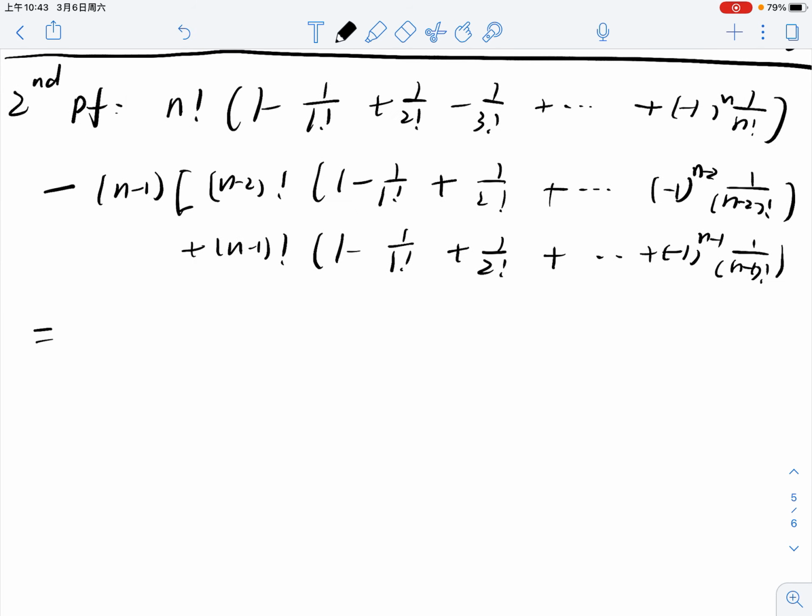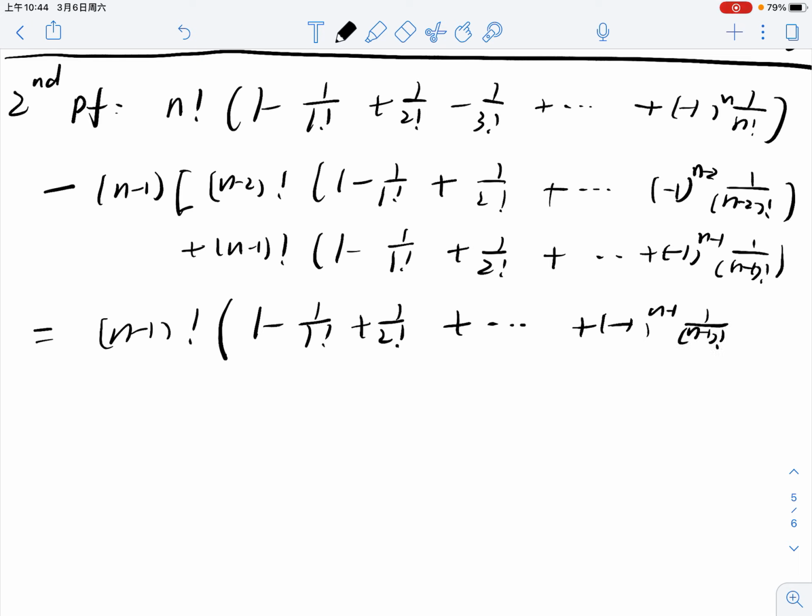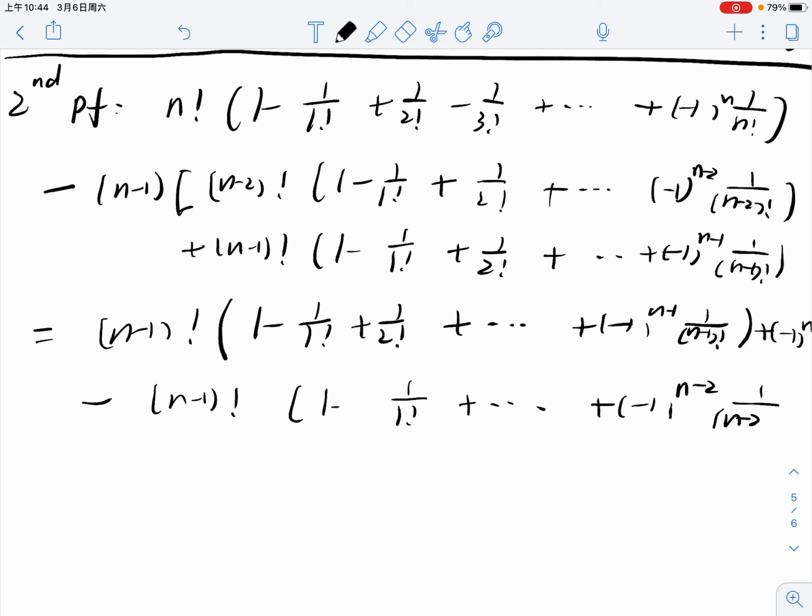And then you will find that after a slight computation, you will find n minus 1 factorial times 1 minus 1 over 1 factorial plus 1 over 2 factorial, plus minus 1 to the n minus 1 times 1 over n minus 1 factorial, plus minus 1 to the n's power, minus n minus 1 factorial times 1 minus 1 factorial plus all the way to minus 1 to the n minus 2 times 1 over n minus 2 factorial.